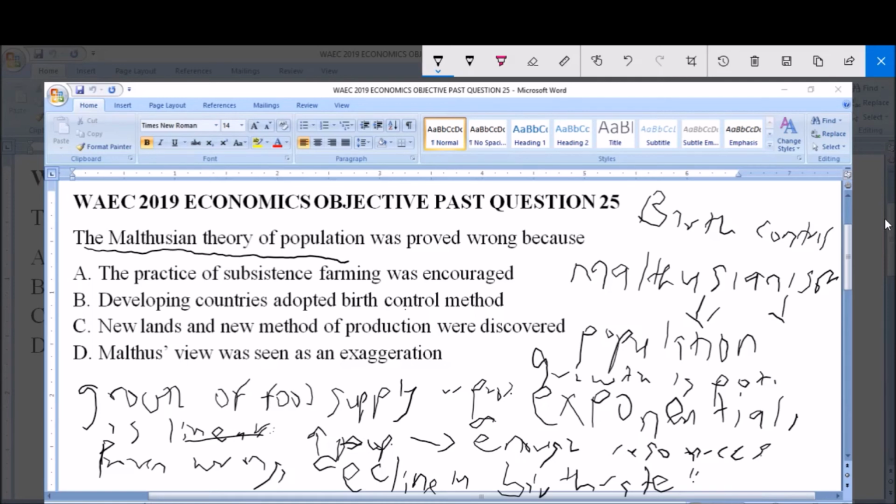Therefore, the Malthusian theory, which was postulated by Reverend Thomas Malthus, was proven wrong. Therefore, the correct answer to the question is option B, which is developing countries adopted birth control methods.